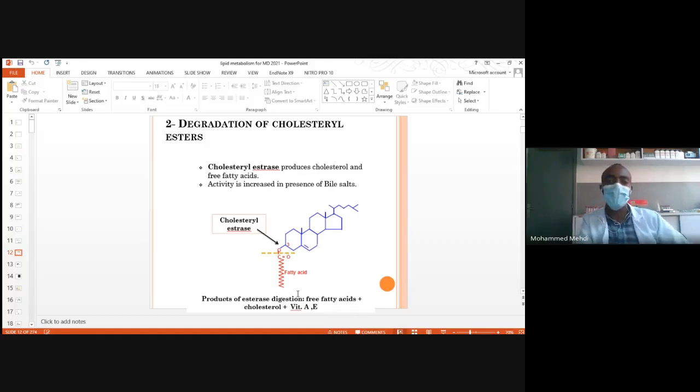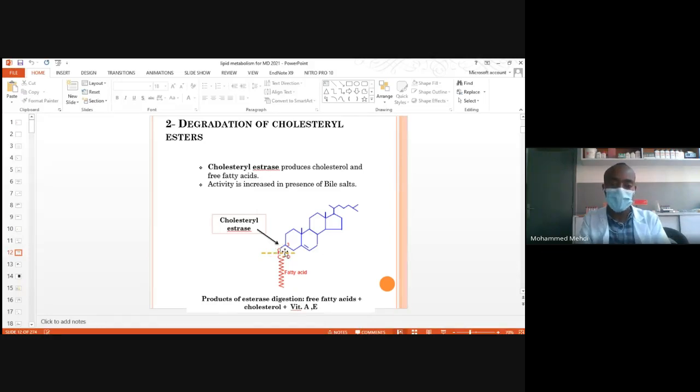Digestion of cholesterol ester is done by the second type of enzyme, called the cholesterol esterase enzyme, which is again released from the pancreas. It will act on cholesterol ester and produce free cholesterol and free fatty acids. The activity of this enzyme will be increased in the presence of emulsification by bile salts.